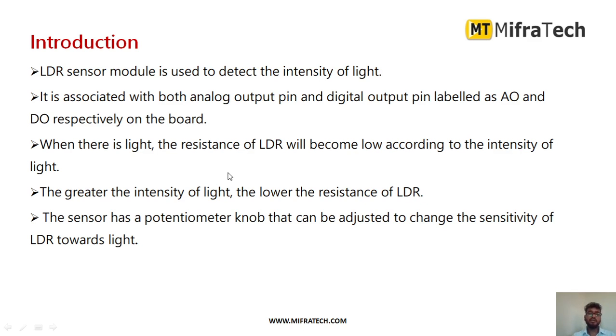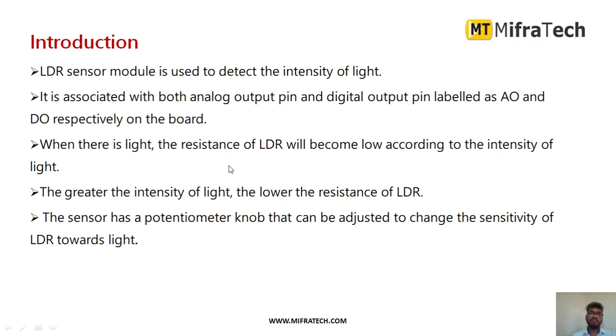When there is light, the resistance of the LDR will become low according to the intensity of light. So whenever the LDR sensor module detects light, the resistance of that LDR will become low according to how much intensity of light is there. If there is no light, the resistance will become high.